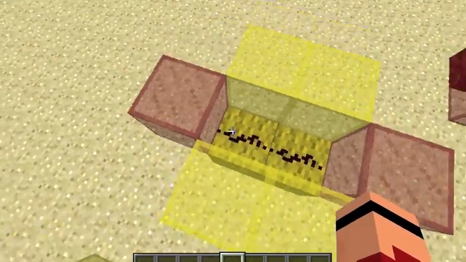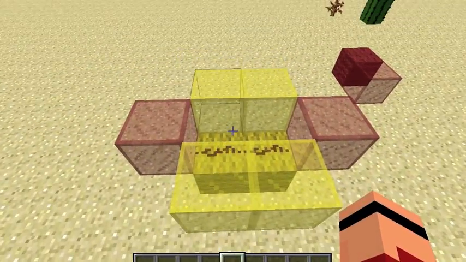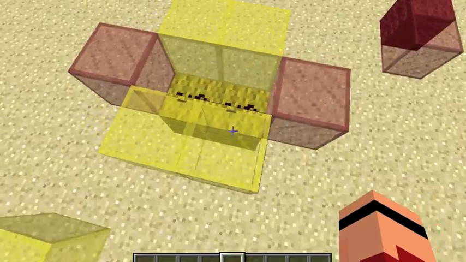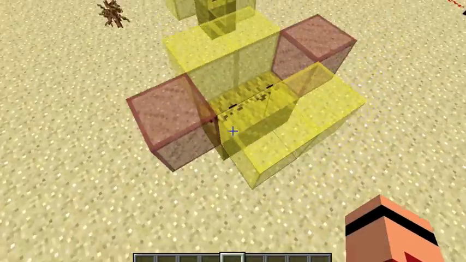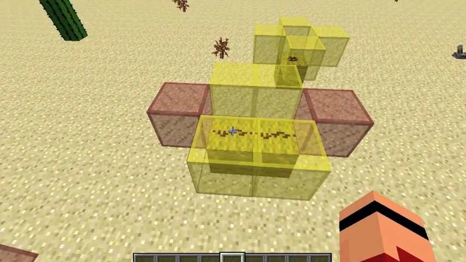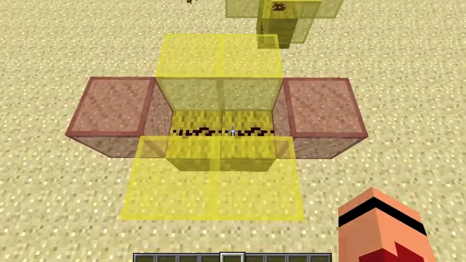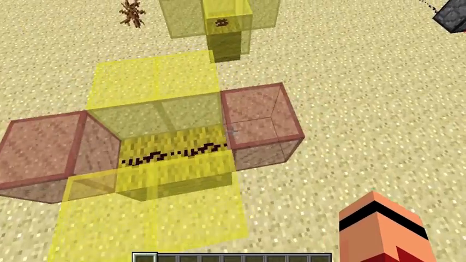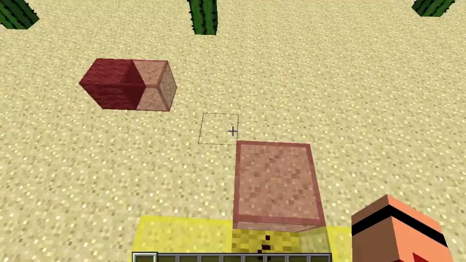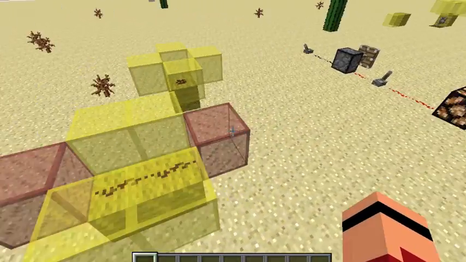And here is an example of what happens when it's directly powered. The weakly powered blocks here are where the power can go, and where the power might be going. But the red blocks here represent where the power is going.